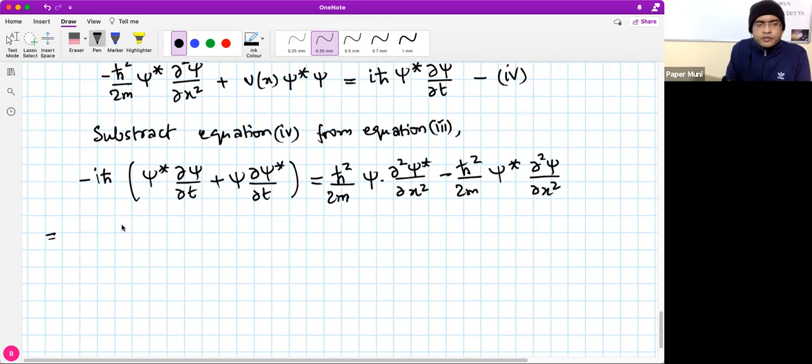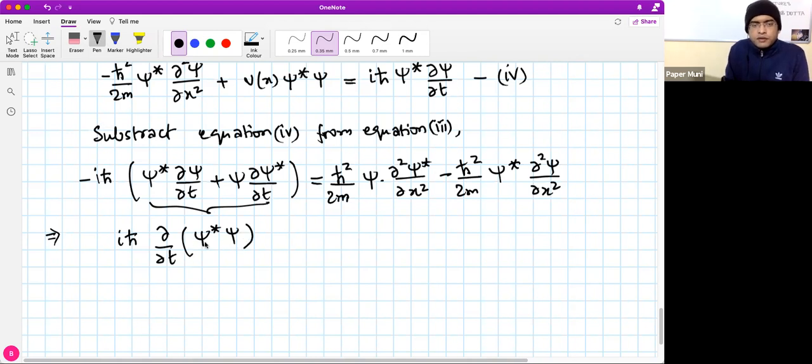If we rearrange and do some simplification, we get i h cut. Now we can represent this quantity as the derivative with respect to time of psi star psi.